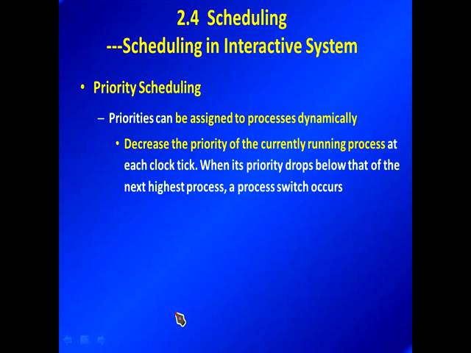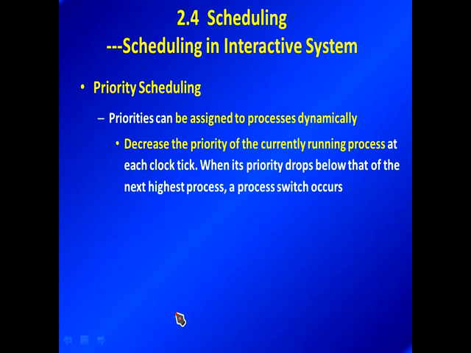A process can use the CPU as long as it wants, unless there is another process which is assigned a higher priority than the current process.